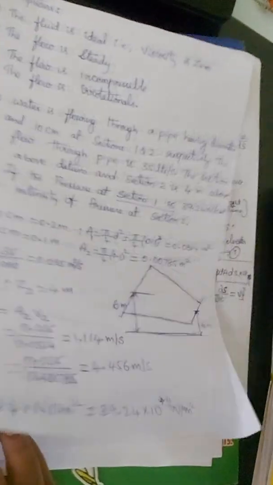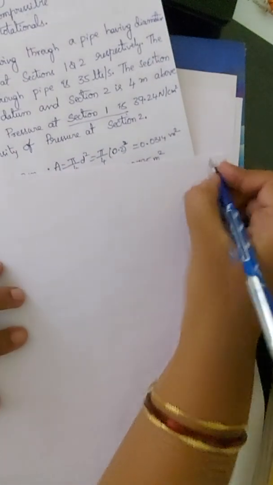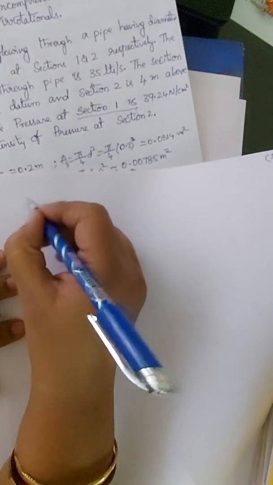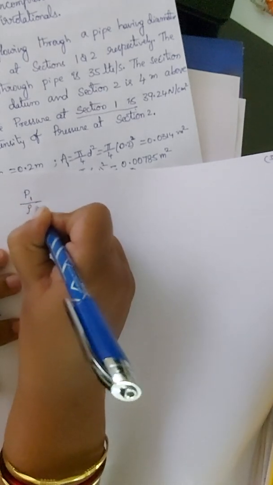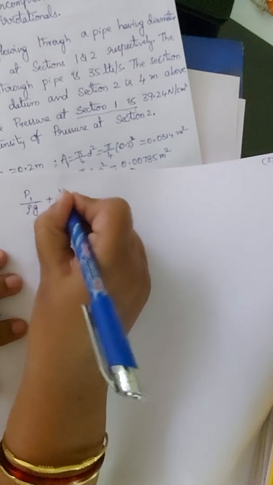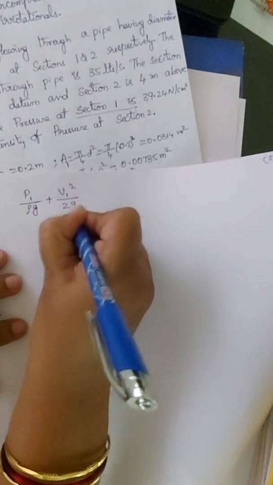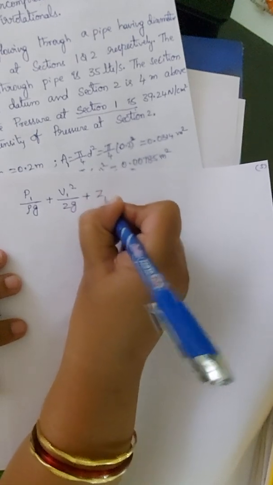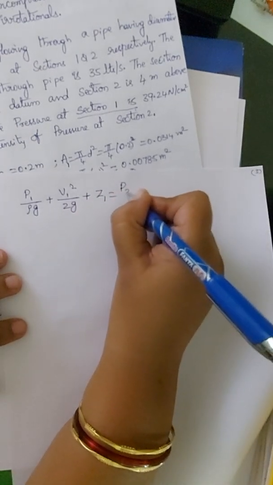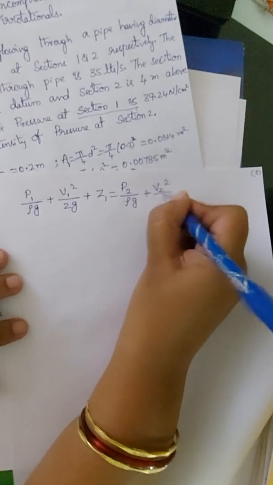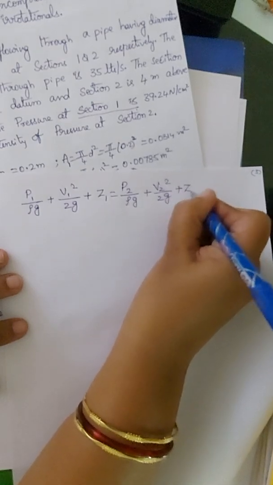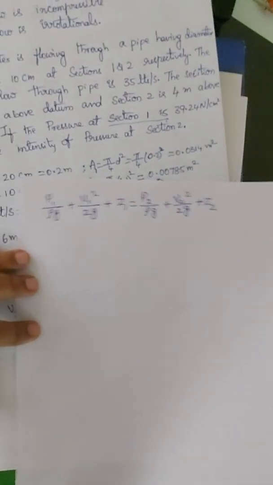Using Bernoulli's equation we can calculate. We know that P1 divided by rho g plus V1 square divided by 2g plus Z1 is equal to P2 divided by rho g plus V2 square divided by 2g plus Z2, right?